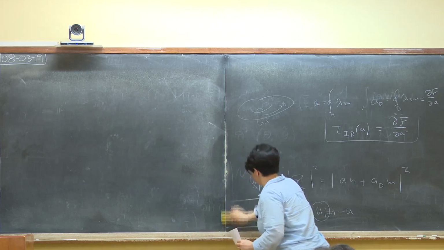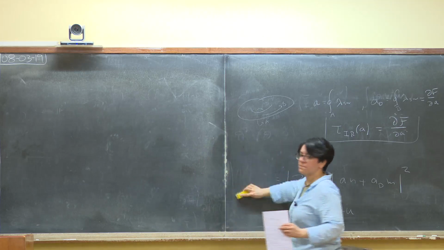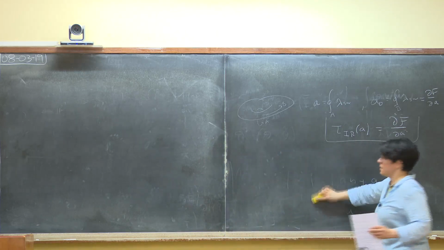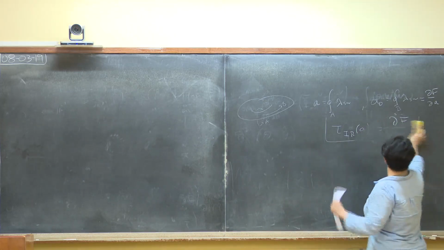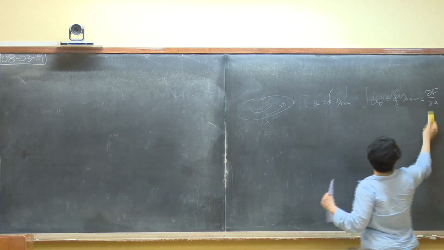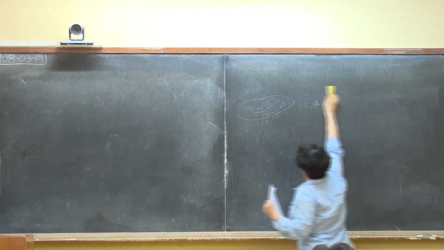So tau UV is the complex structure of a sphere with four punctures, while tau IR is a torus.